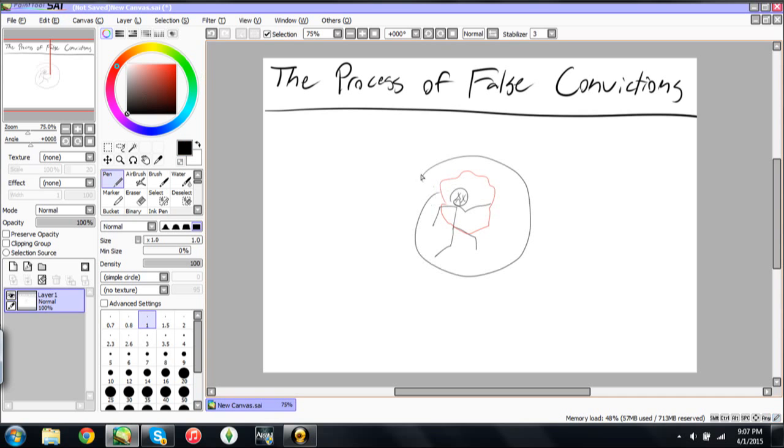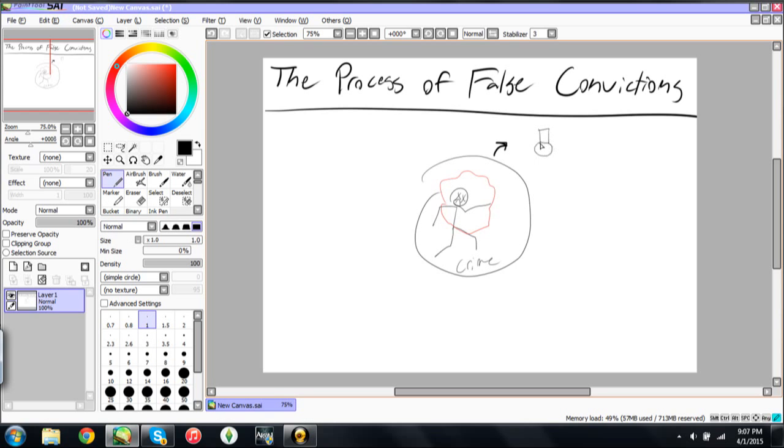So, there's our base. The crime. From there, generally, you are going to have DNA evidence, or not sometimes DNA evidence, but just evidence is collected from the scene of the crime.